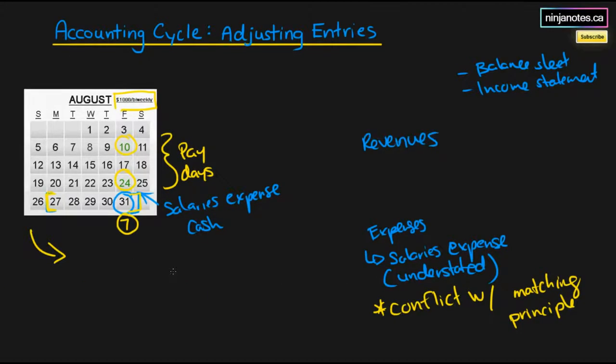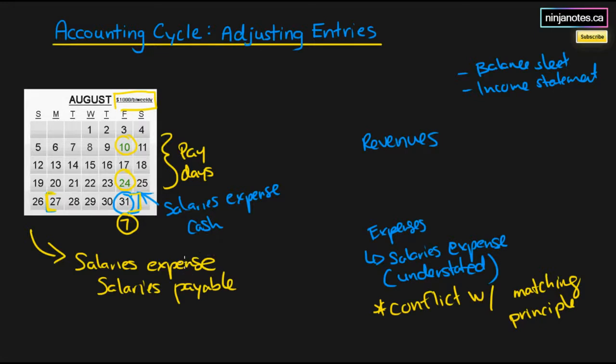Well, like I said, salaries expense is understated unless we report another expense for this week. So we're going to debit salaries expense, and since we're not paying them yet until the 7th of September, we need to show that we are going to pay them, which is salaries payable, which is a liability showing that we're going to pay them in the future.